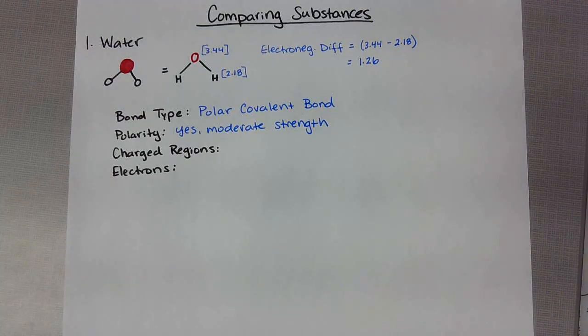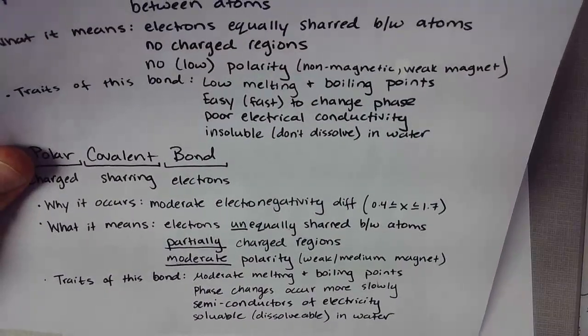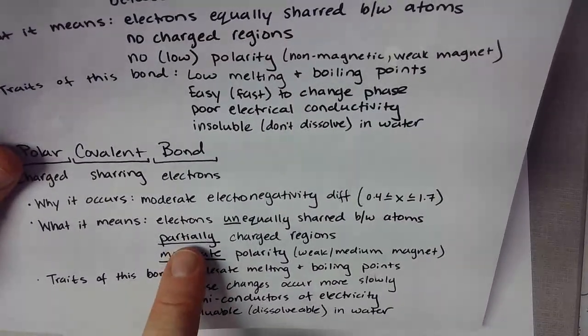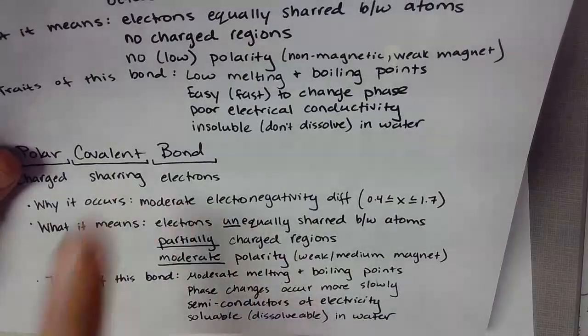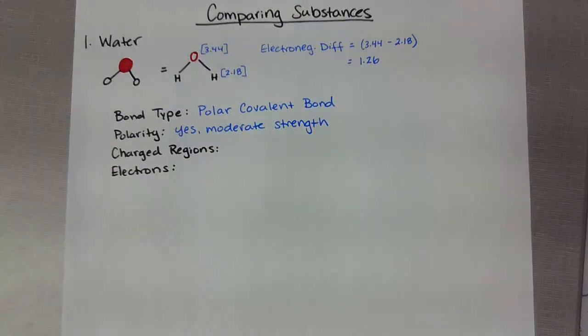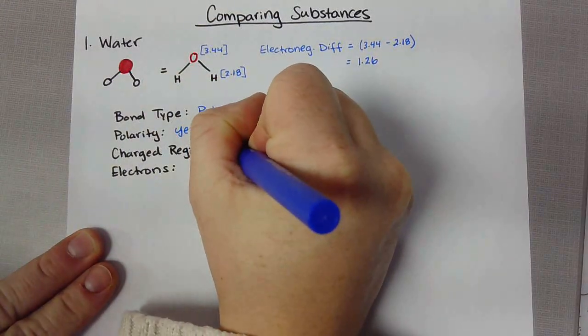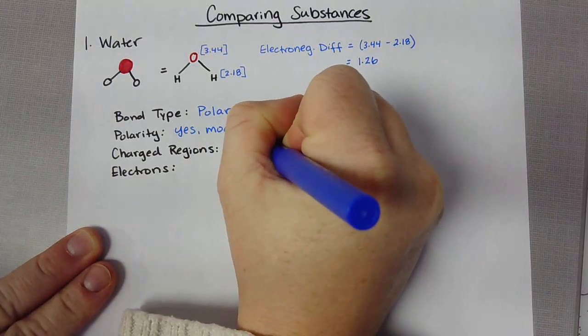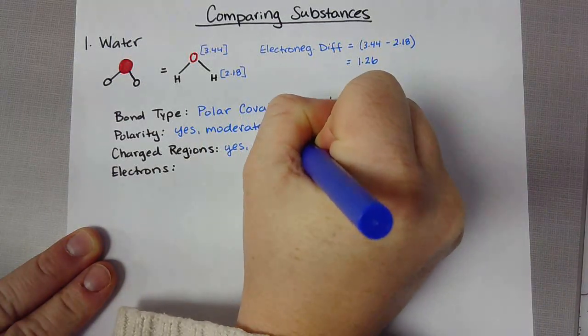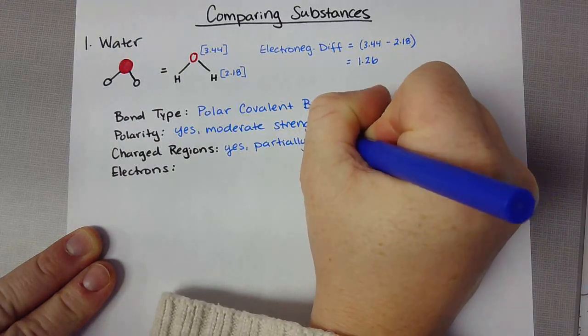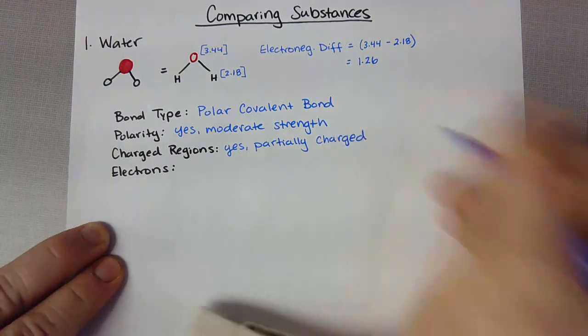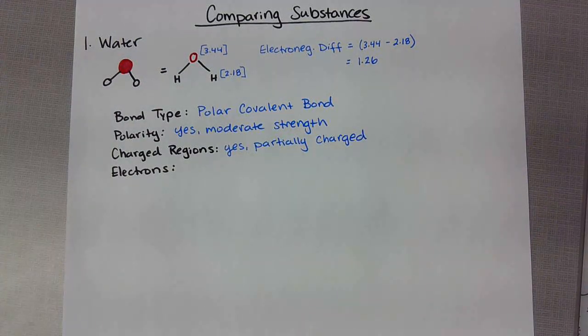Do I have charged regions? Back to my sheet. I have partially charged regions on a polar covalent bond. And lastly, where are my electrons? Now, this I'm going to talk more in depth about today because I've got more models and I've got electronegativity values in front of me.